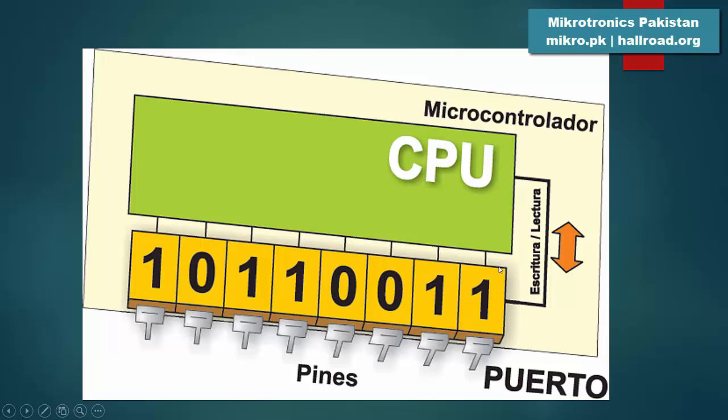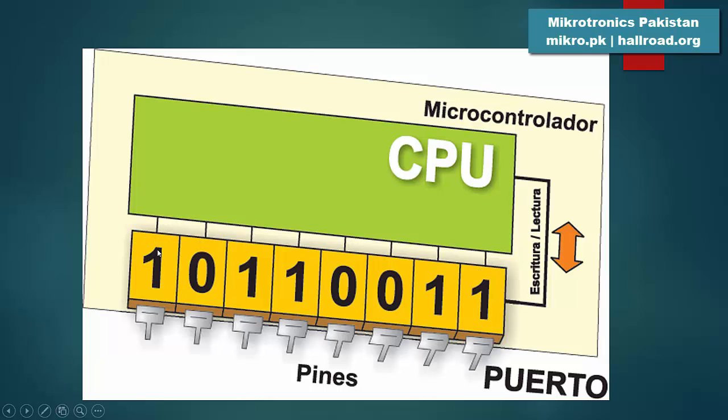So this is the pictorial representation of a microcontroller, and this is the output register of a port. We will talk about the output register in our STM32. That register is actually a memory location.